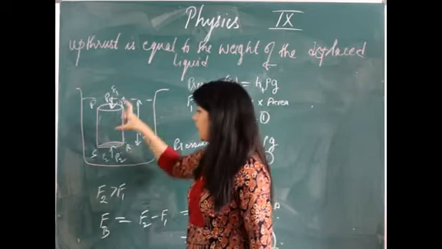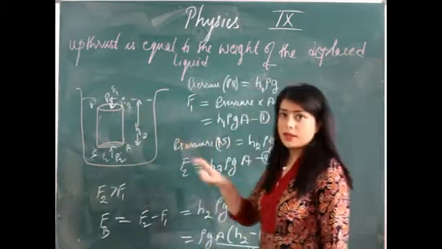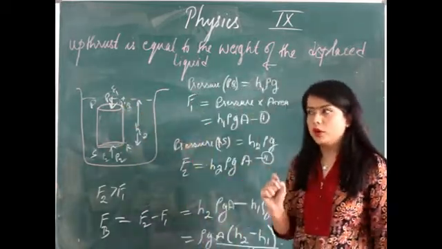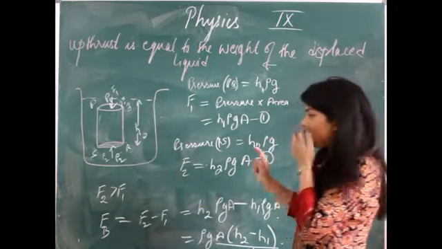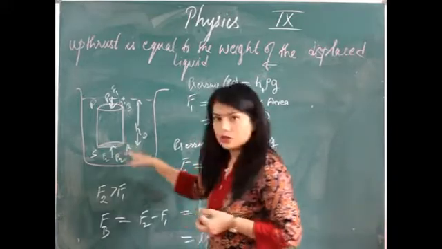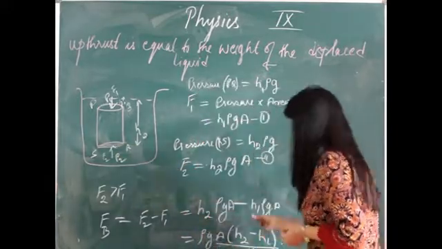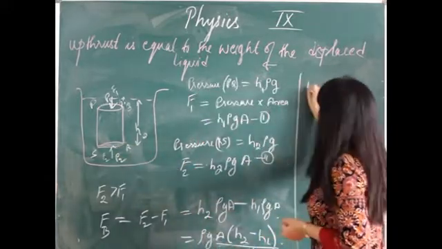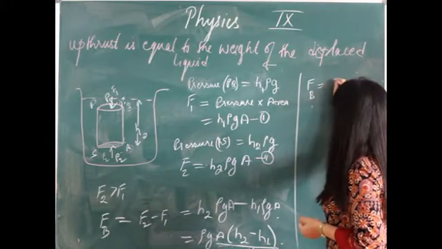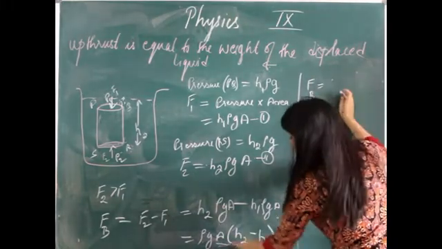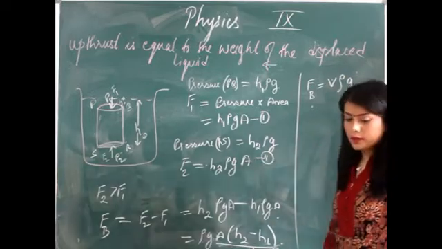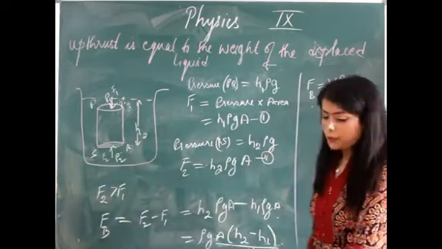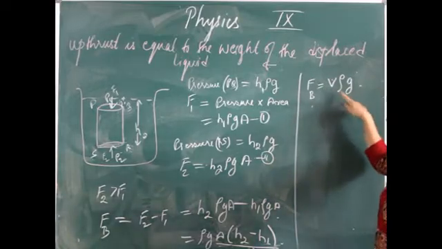So area into height gives the volume. Volume is area into height, or length into breadth into height, or in case of a cylinder, it is area into height. So this part gives us the volume. So in place of this we are writing volume. Now upthrust FB is equal to V rho G.